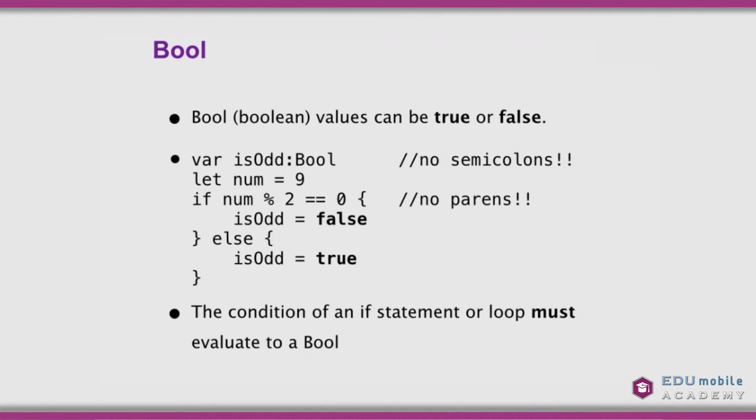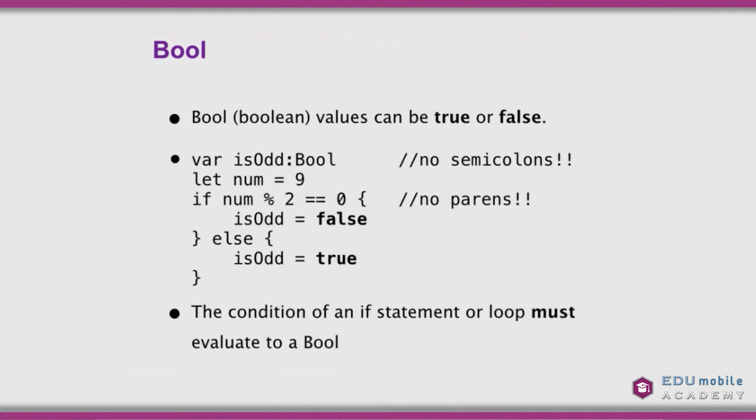Now notice that we are not assigning this. We'll talk about this later when we get to optionals. But here we're again saying is odd is a Boolean. We don't know which way. We don't know whether it's true or false at this point. It is just a Boolean variable.